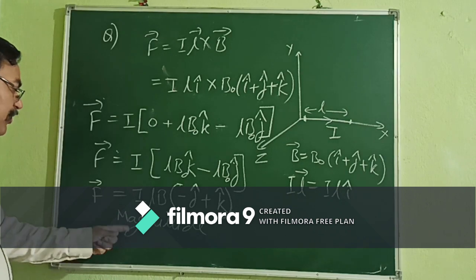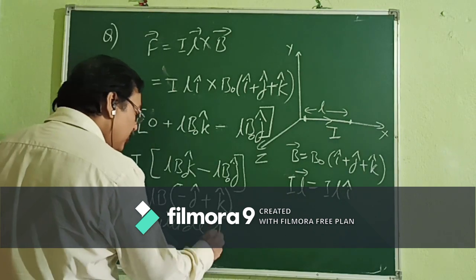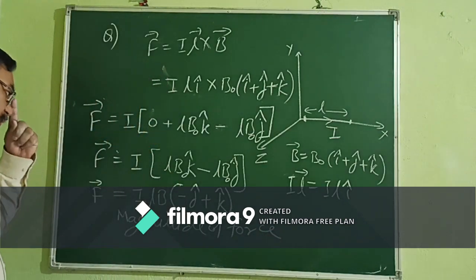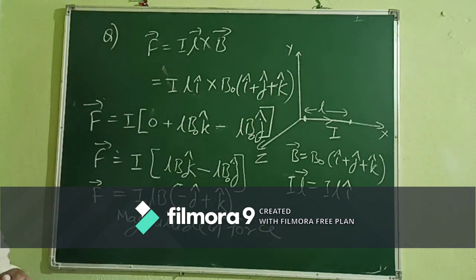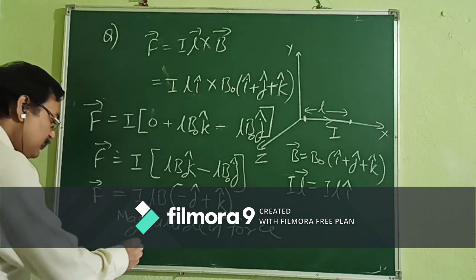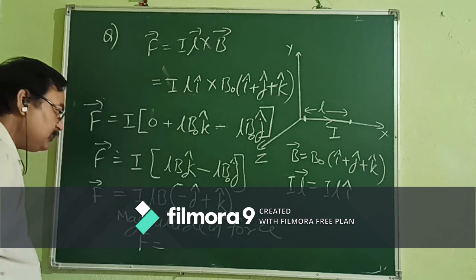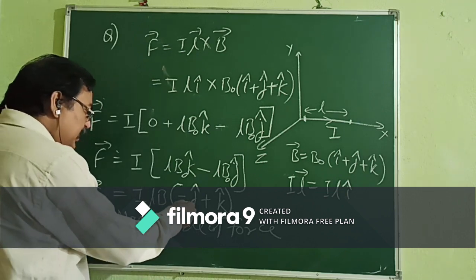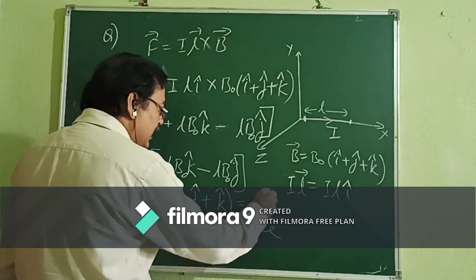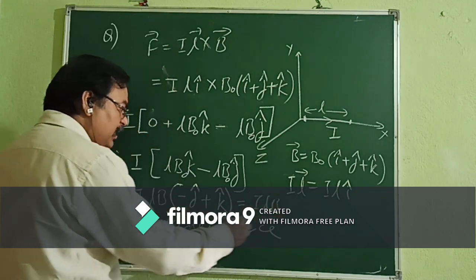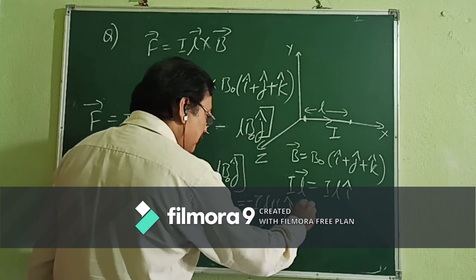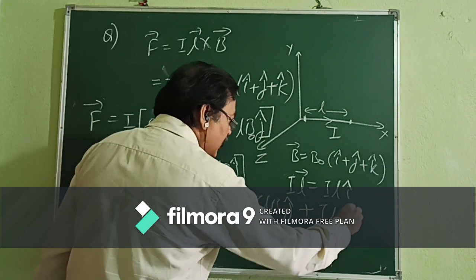Now for the magnitude of this force, we know very well what we need to do. We need to find the magnitude of this. For that, F is equal to, we can write in this form, no? This also can be written as ILB, minus ILB J cap plus ILB K cap.